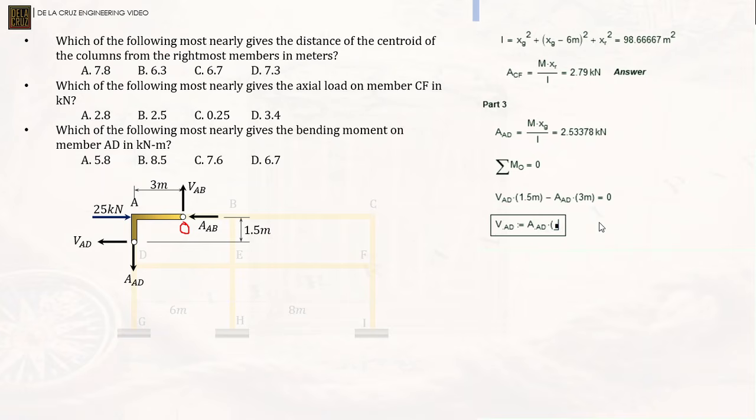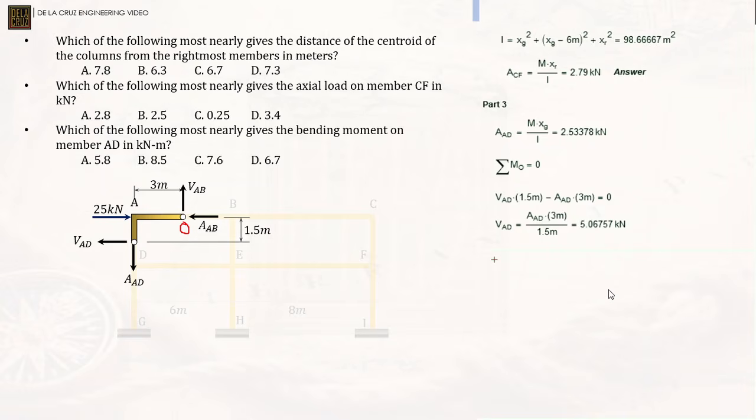Simplify lang natin konti. Times 3 meters divided by 1.5 meters. Okay? So, that is equals to, in kilonewtons, 5.067. Now, to calculate the bending moment on member AD, that would be VAD multiplied by 1.5.